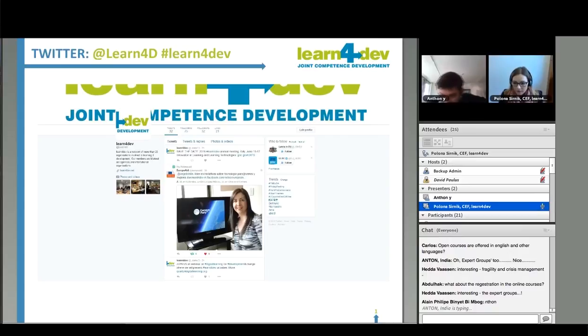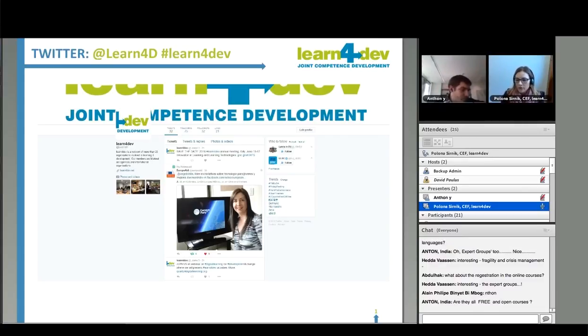Actually, it's a network, an informal network, and its members are participating in the network on a voluntary basis. So member organizations, through their representatives, are a part of this network on a voluntary basis.